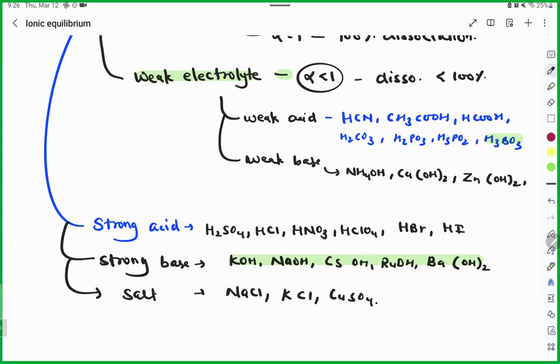No need to remember all these things. Last acid, H3BO3, boric acid. So don't memorize all these examples. I'm not asking you to memorize all these examples. Boric acid or hydroboric acid, is it the same?